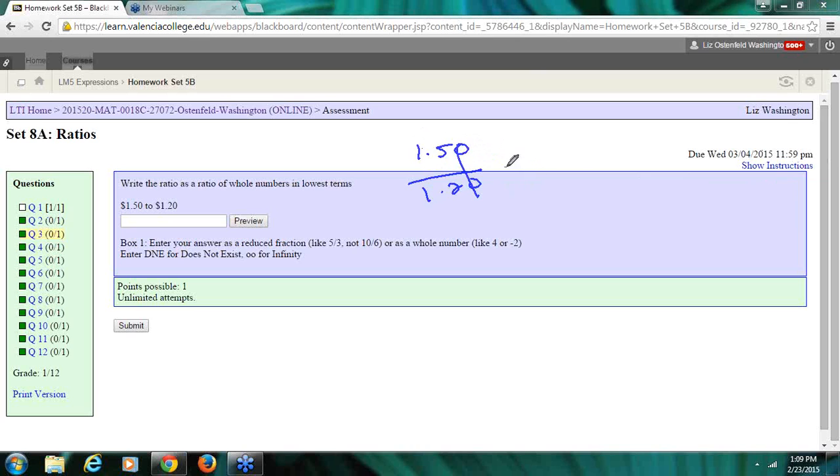I would first cancel out those zeros. And I'm going to see how it wants me to type this in, because I wouldn't actually leave it like this. I would actually do 1.5 divided by 1.2, and I'd get 1.25. I just want to see if it actually takes that answer.